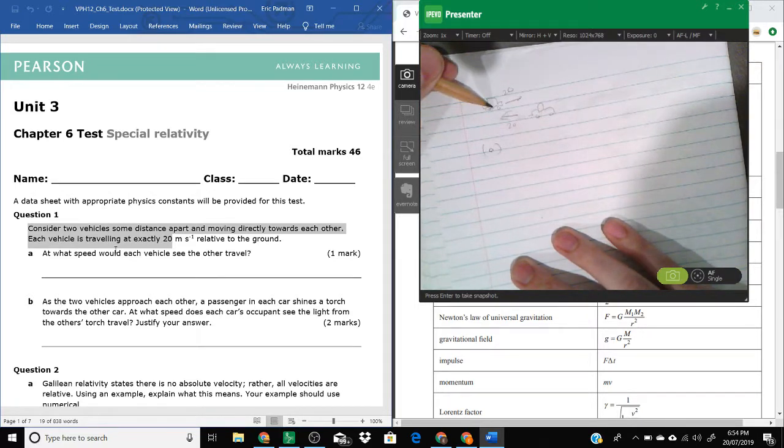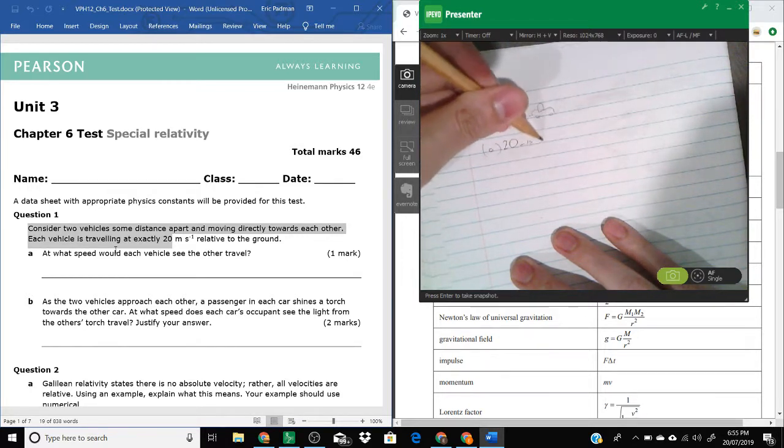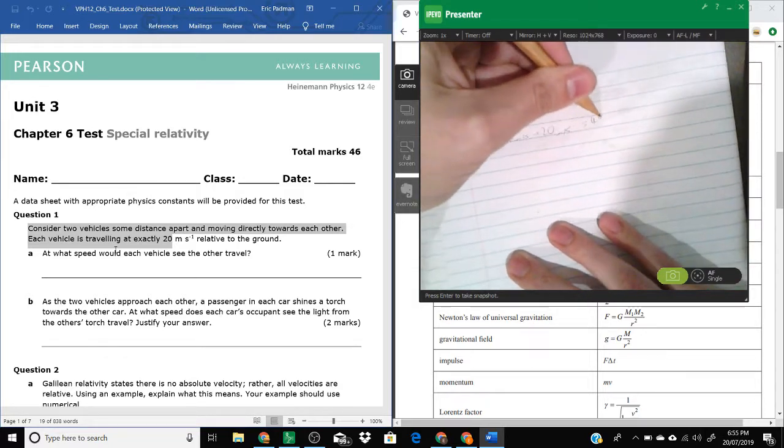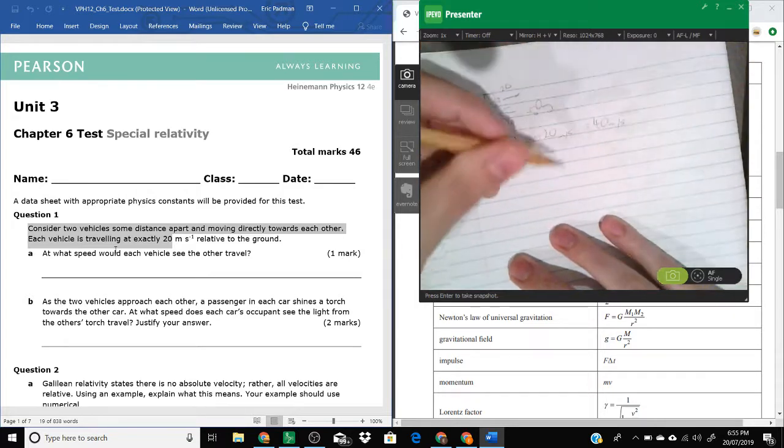If you think about yourself sitting in this one stationary, then the ground's moving 20 meters per second past you, and this car's moving 20 meters per second in that direction even faster. So really what we have is 20 meters per second plus 20 meters per second equals 40 meters per second. That's it.